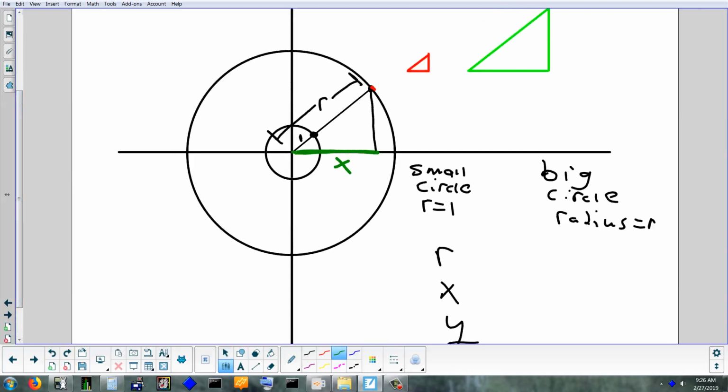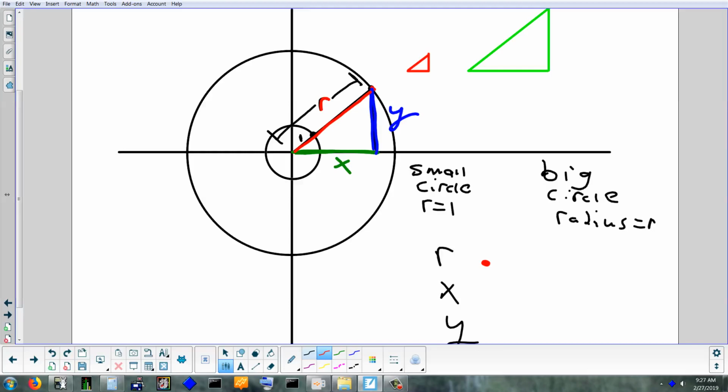This would be x, this would be y, and this would be r. So what I want to imagine in my mind is taking that multicolored triangle that I just drew and shrinking it back down till I finally get it so that the radius is exactly 1. Then it's back on the unit circle and we know how to do it from there. So the question is, what would you have to multiply r by to scale it down so that it's exactly 1? That's what we want to figure out.